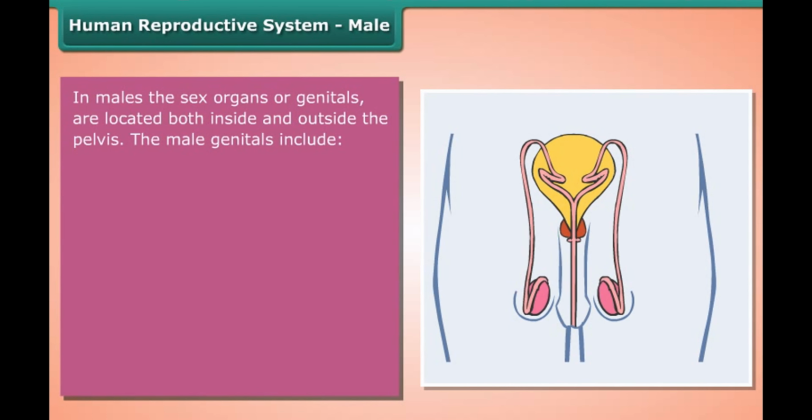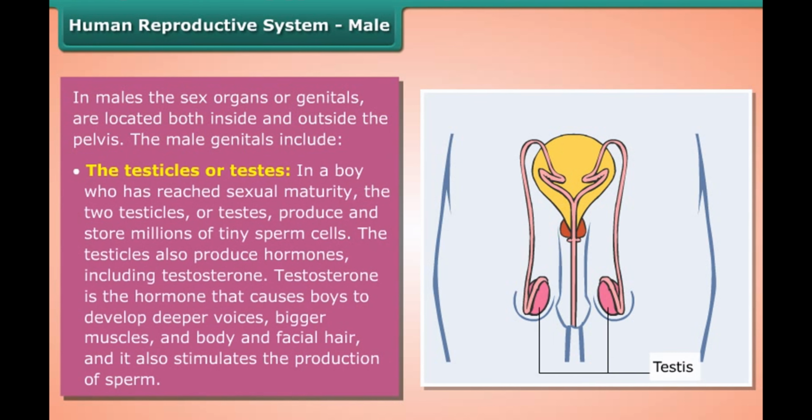Human reproductive system. Male. In males, the sex organs or genitals are located both inside and outside the pelvis. The male genitals include the testicles or testes. In a boy who has reached sexual maturity, the two testicles or testes produce and store millions of tiny sperm cells.